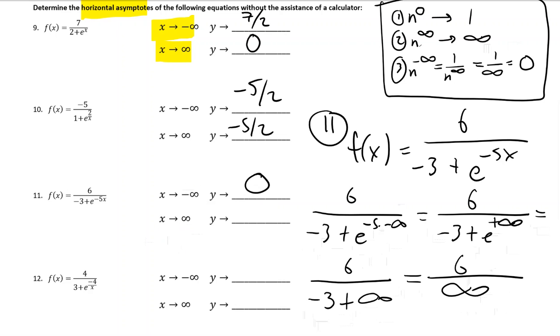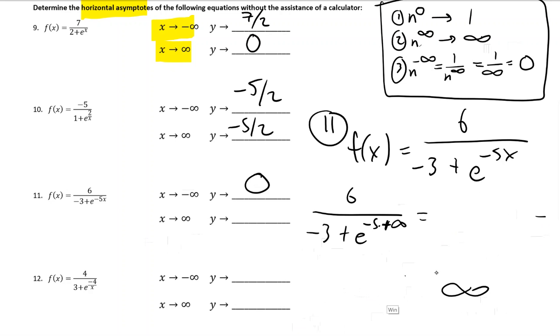Okay, and then second half of the question is just what happens if I plugged in a positive infinity instead of a negative infinity. Sometimes there's a difference, sometimes there's not. Okay, so again, the smallest piece, or the most inside of all of this function is where I want to start.